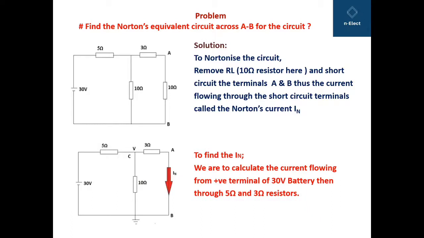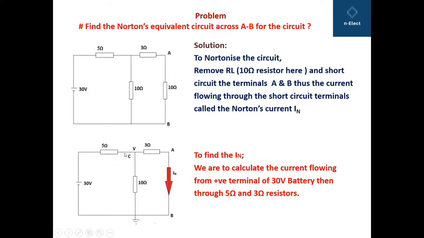To find the value of IN, we have to calculate the current flowing from the positive terminal of the battery, which will move through the 5 ohm resistor up to point C. From point C, the current will be bifurcated in this direction and in this direction. The current we are interested in is the current flowing from point C to point A, then point A to point B, and from point B to the negative terminal of the battery.